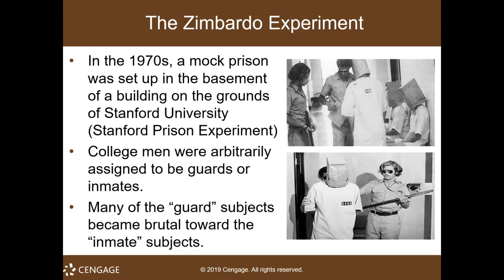In this experiment, college men were basically arbitrarily assigned to be correctional officers or inmates, and a mock prison was set up in the basement of a building on the grounds of Stanford University. The changes in both groups were so profound that the experiment was actually canceled after 6 days.